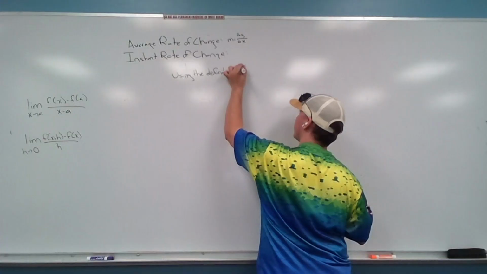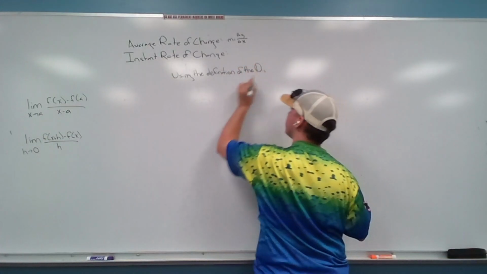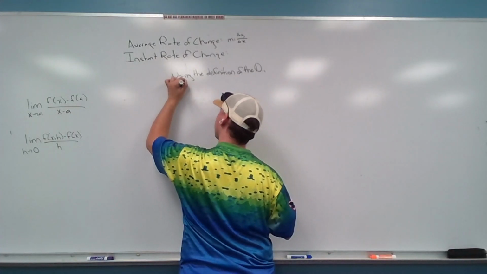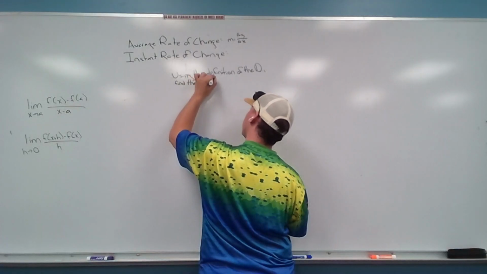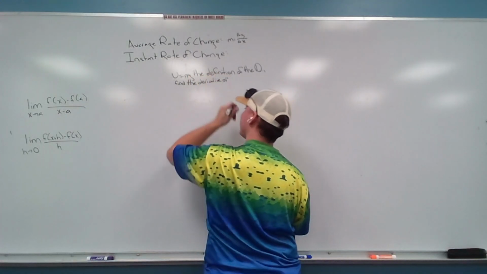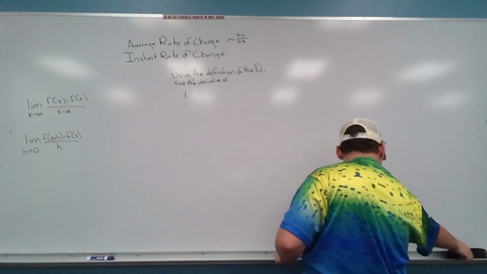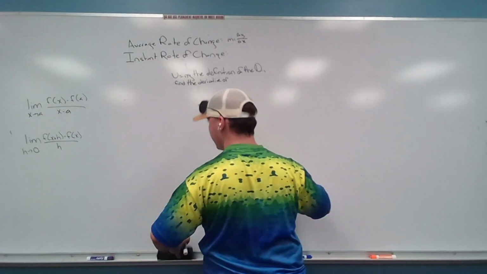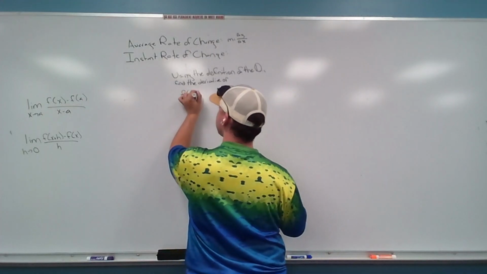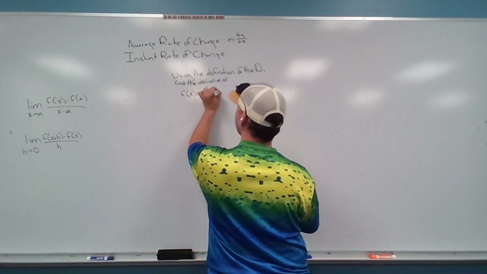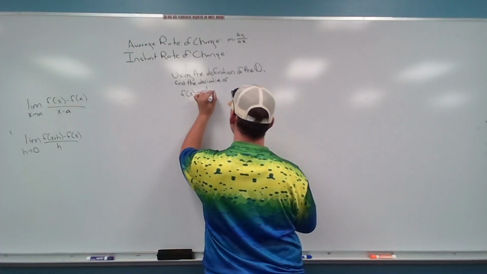Using the definition of the derivative, find the derivative of f of x equals 1 over x squared minus 64.